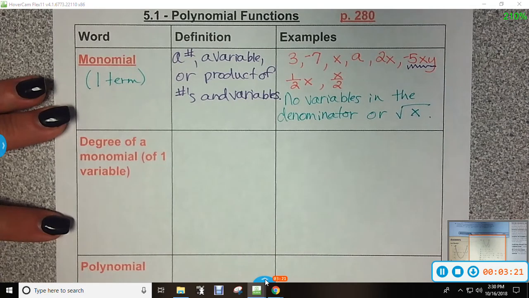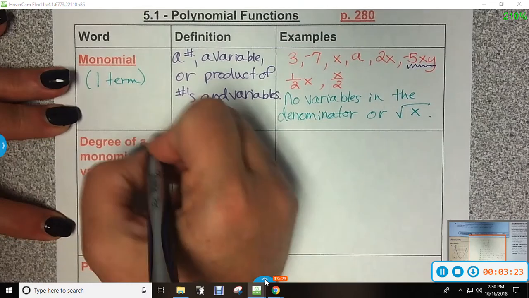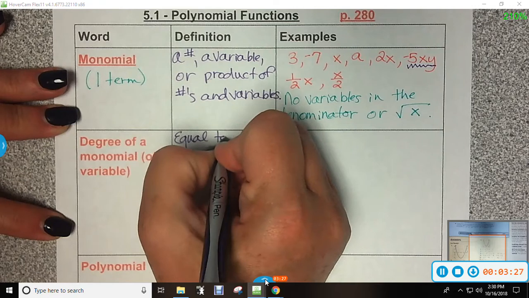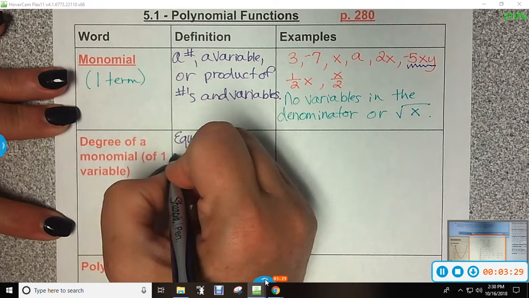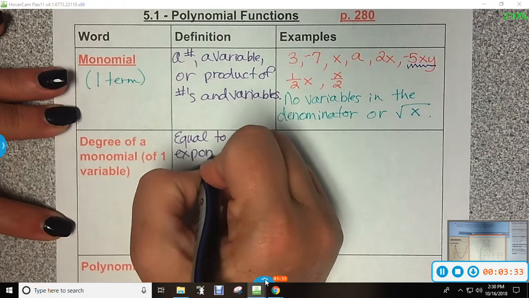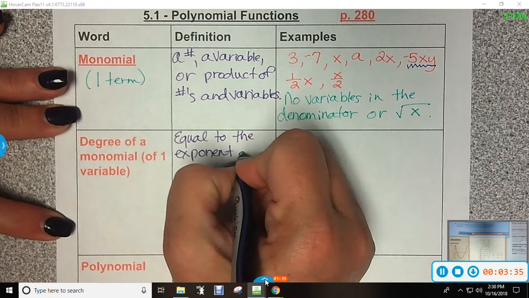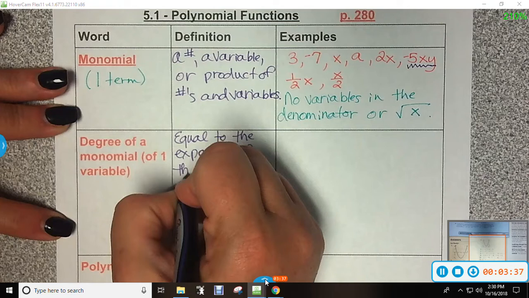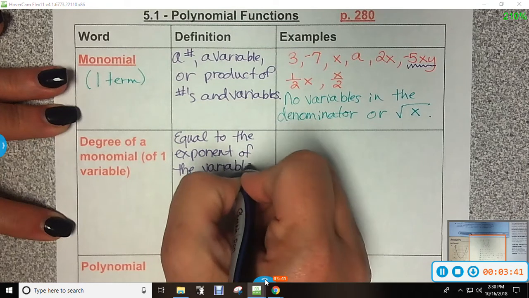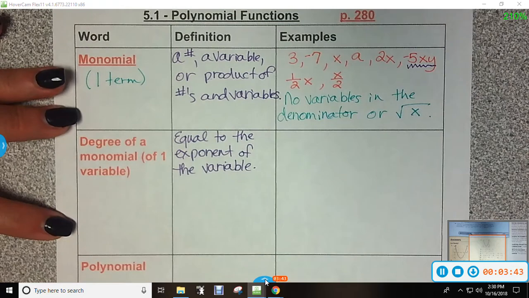Okay. So, what is the degree? That is equal to the exponent of the variable. Now this degree tells us something about the graph.